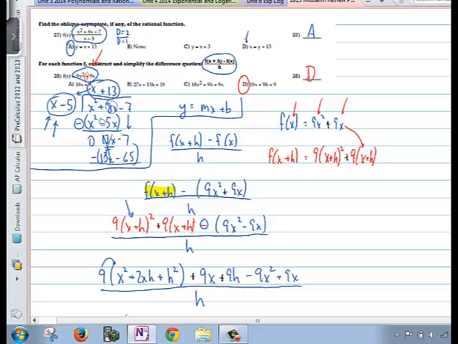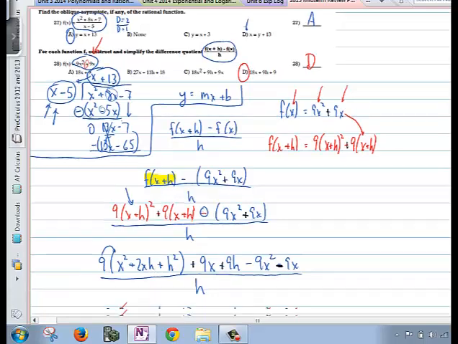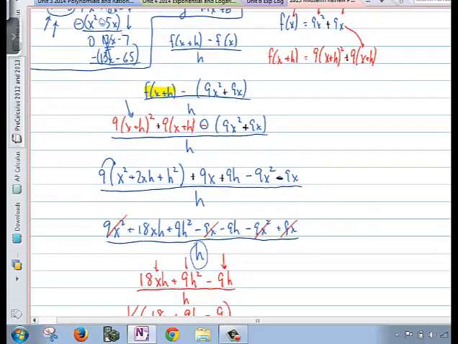This should have been a plus, and then that would have made this a minus. And tracing all the work down, that would have been a minus. That would have been a plus. This would have been a plus.